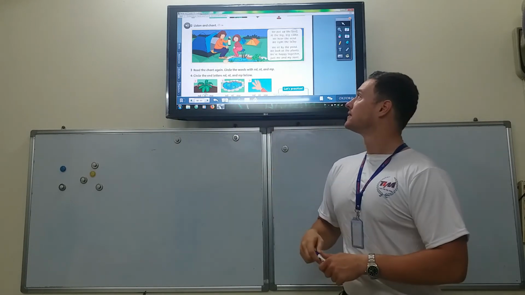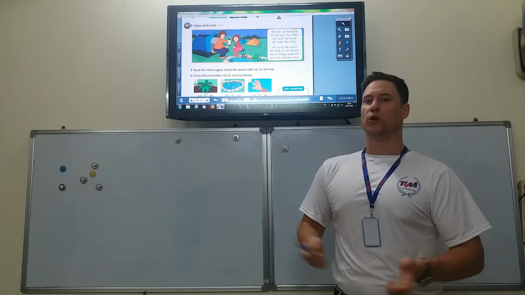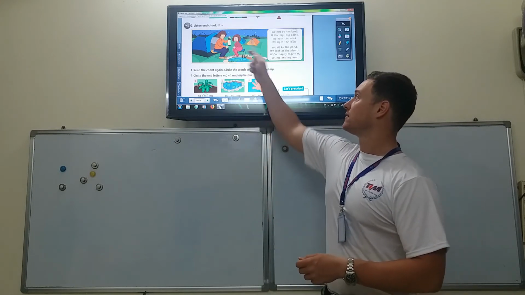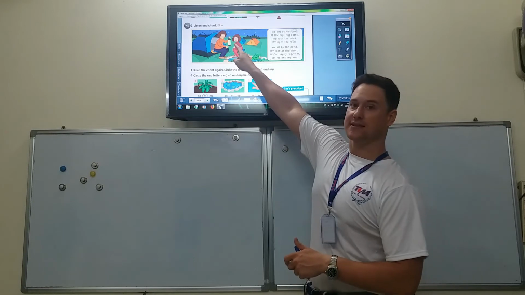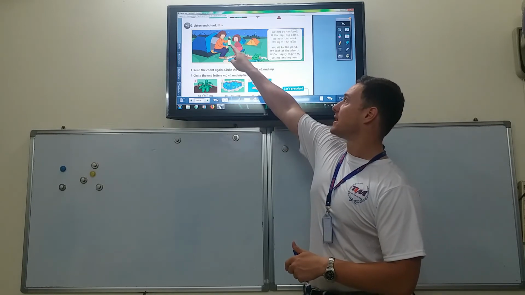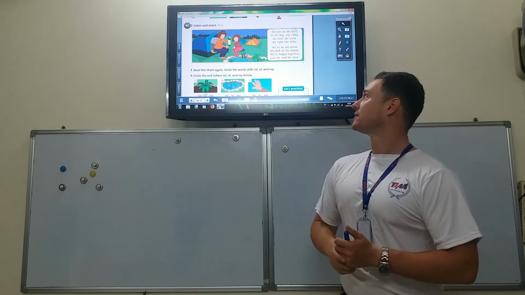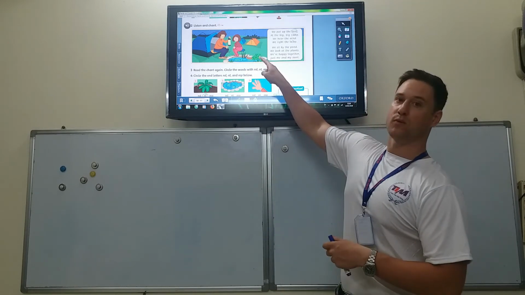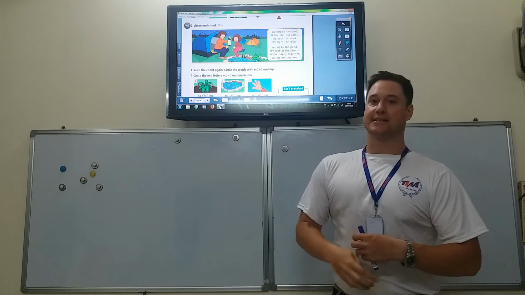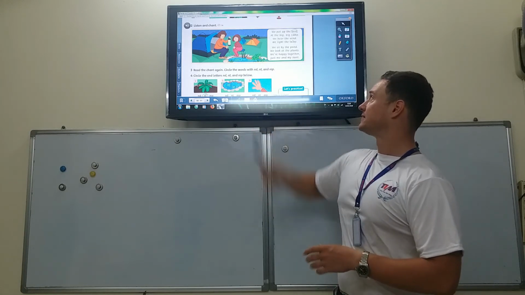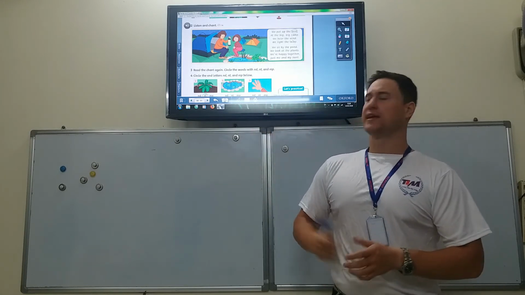Tent. What other new words do you see? How about, what is that? Lamp. Lamp. Good. And this? What's this green thing? Plant. Plant.